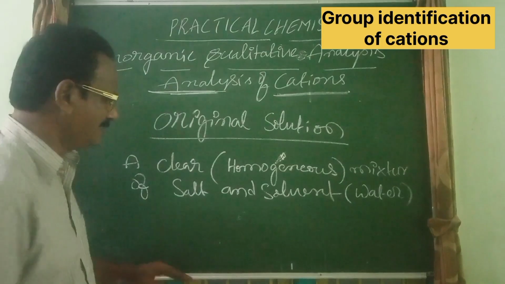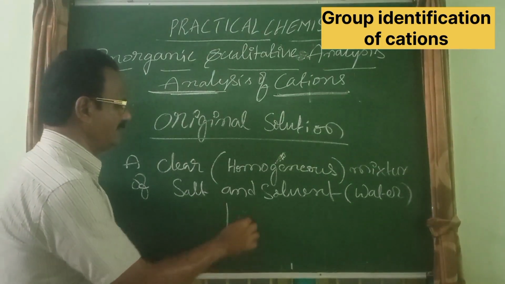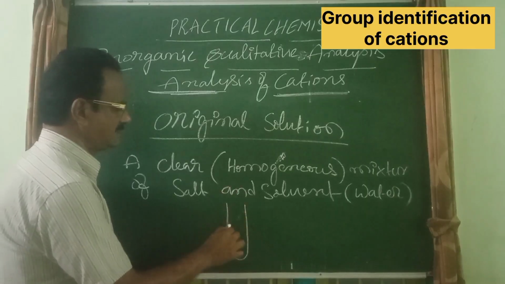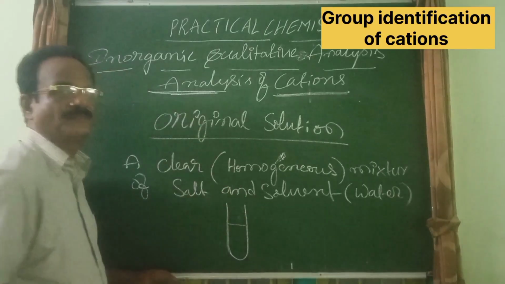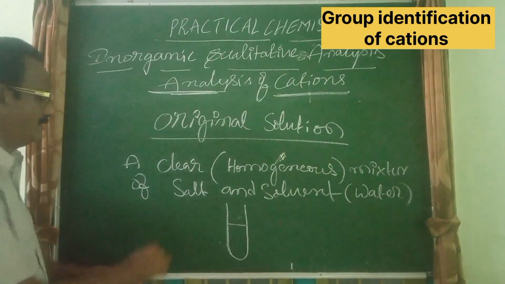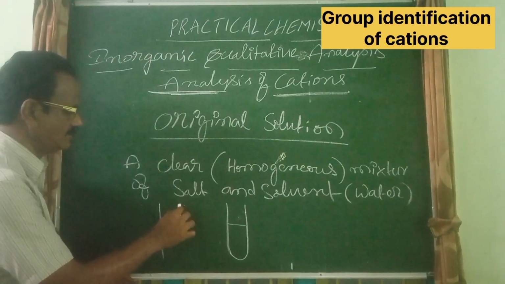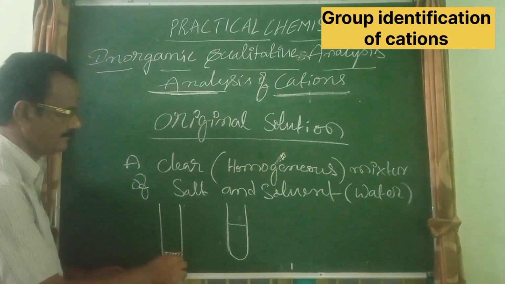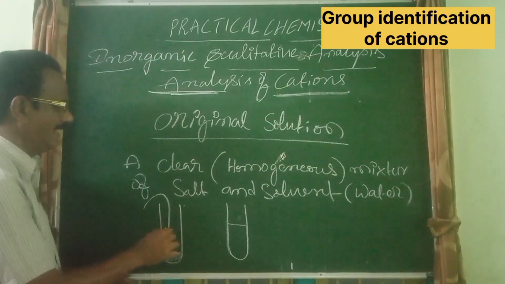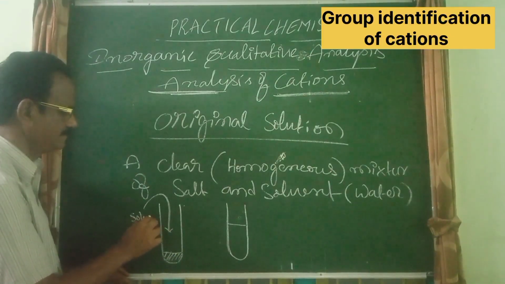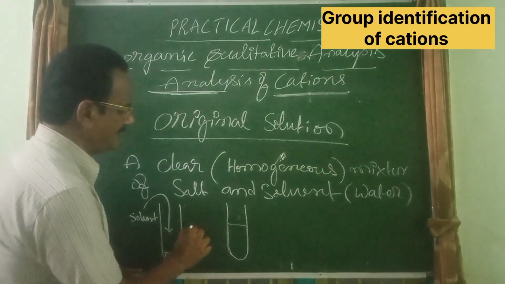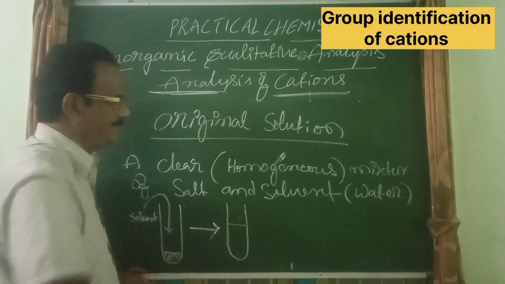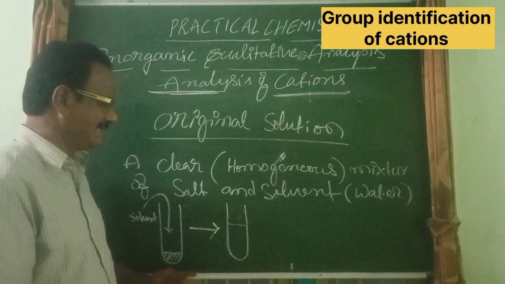During the preparation of the original solution, one has to ensure the situation in the test tube is like this. One has to take salt and solvent, and the analyst has to ensure the mixture is homogeneous.